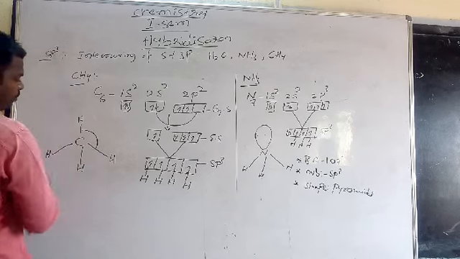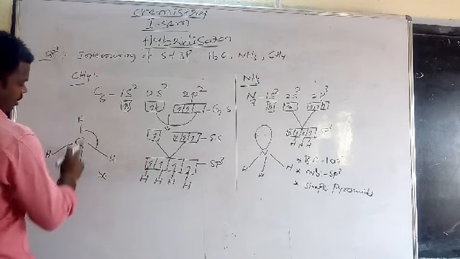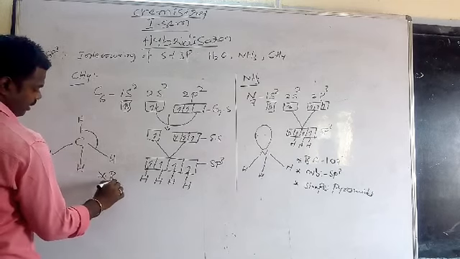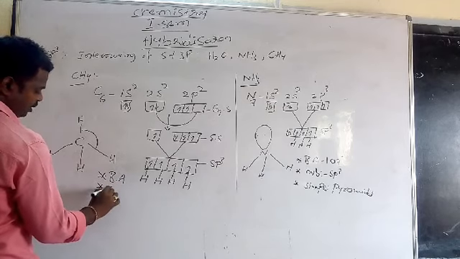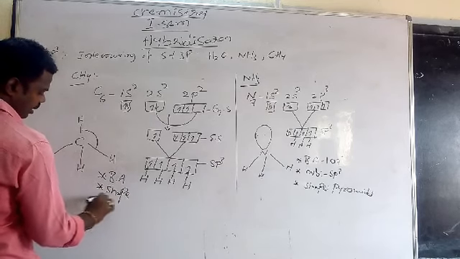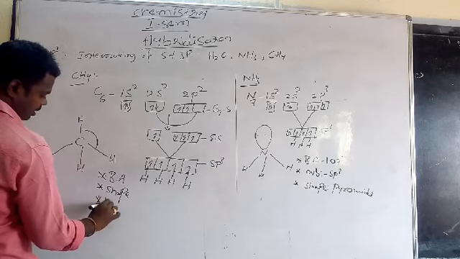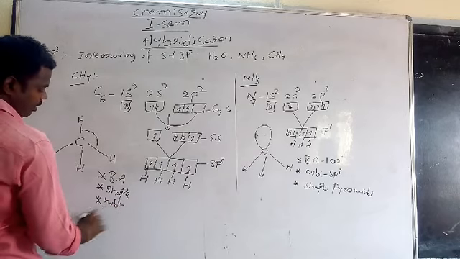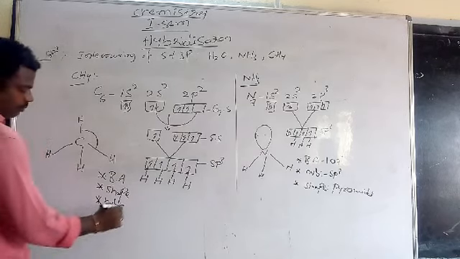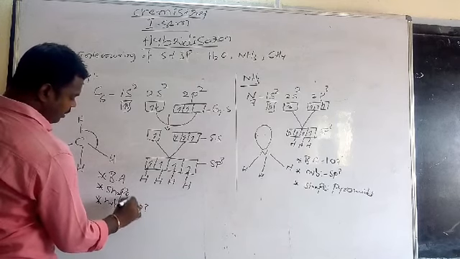Now, the bond angle between any 2 hydrogens, the bond angle, shape and hybridization. Hybridization is sp3.